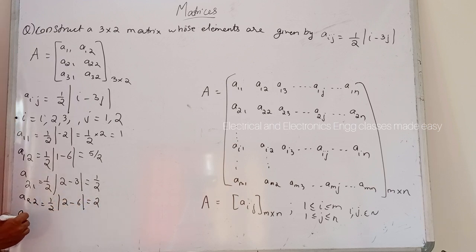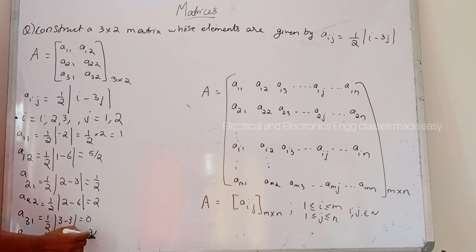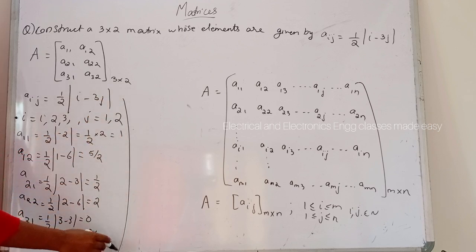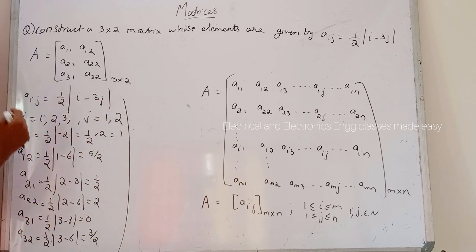Then A31 is 1 by 2 into 3 minus 3, that is equal to 0. Then A32 is equal to 1 by 2 into 3 minus 6, that is minus 3, so 3 by 2. So these are the elements of the matrix A.